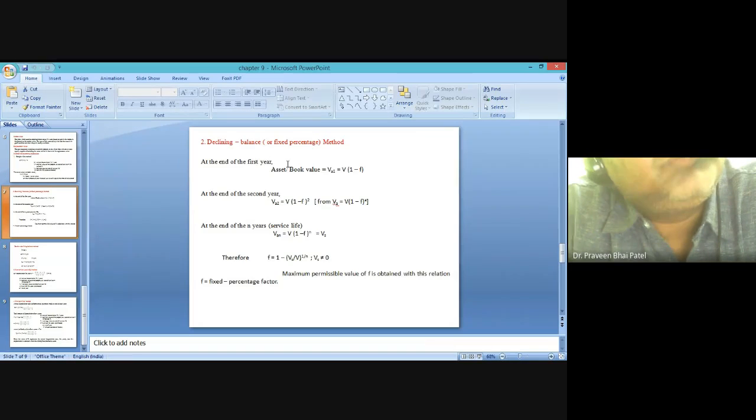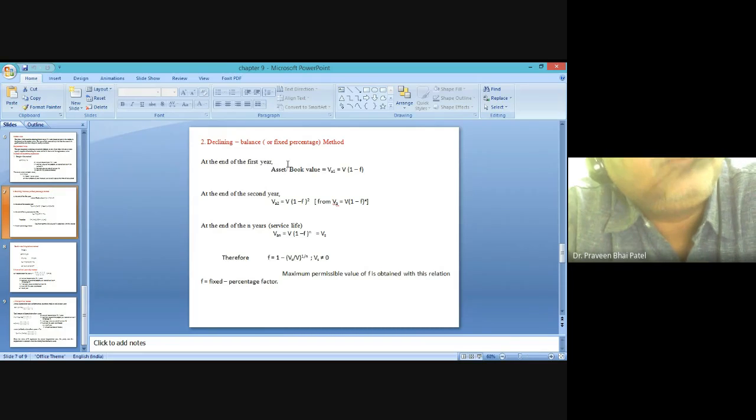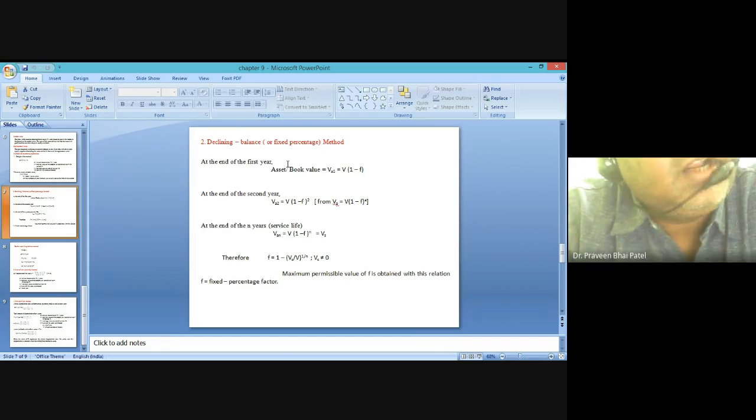So what will be the value at n years? VN = V(1 - F)^n, which can be written as Vs. That is the value after n years, or the service life period. So from here we can calculate the value of service life. Here, how are you going to calculate the value of F?